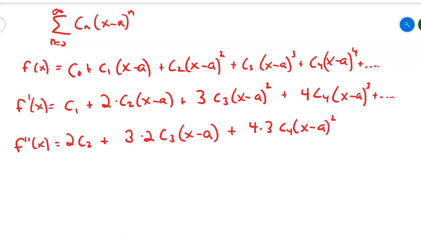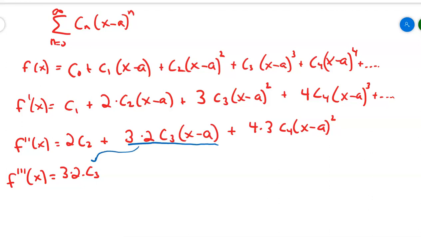And if you now took another derivative, right, took the third derivative with respect to x, the 2 c sub 2 goes away. Our first term now is 3 times 2 times c sub 3, right? That's coming from this term over here. When I derive that, that's what I get.